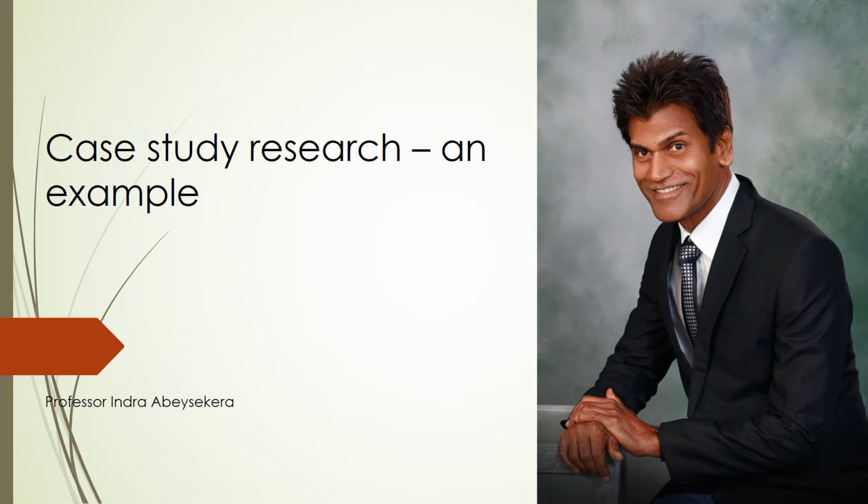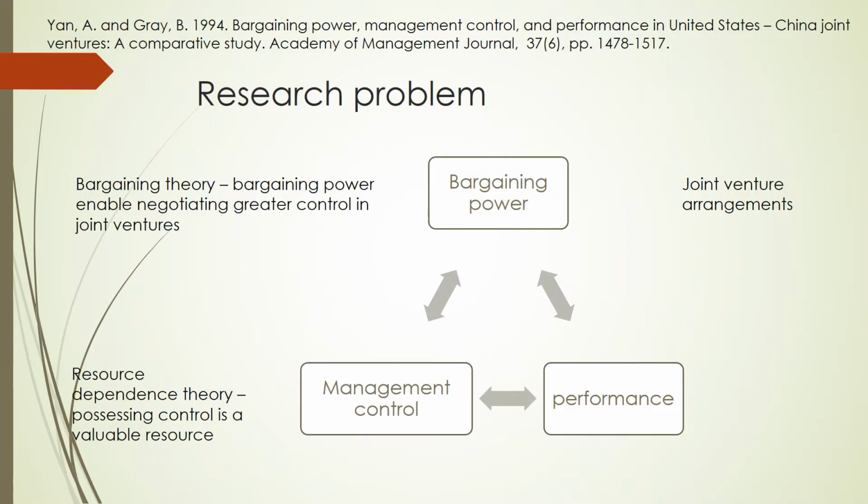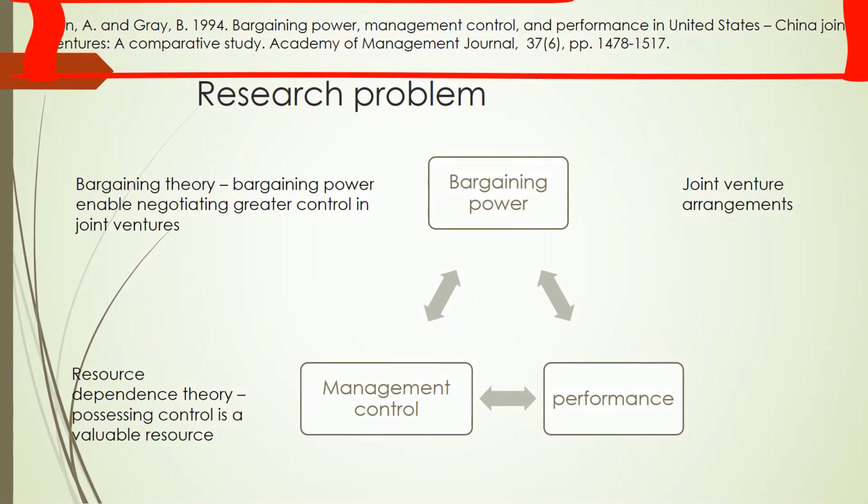Let's look at a case study research example undertaken, a journal article published by Yang and Gray titled Bargaining Power, Management Control and Performance in United States-China Joint Ventures, a comparative study.